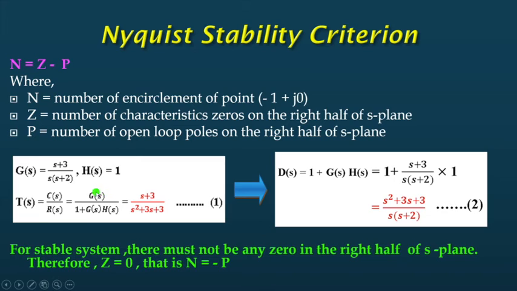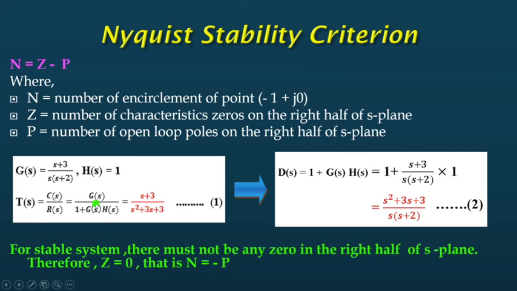The closed loop transfer function formula is G(s) divided by 1 plus G(s)H(s), where H(s) is 1. Then T(s) equals (s plus 3) divided by (s square plus 3s plus 3). This is the closed loop transfer function, equation 1.